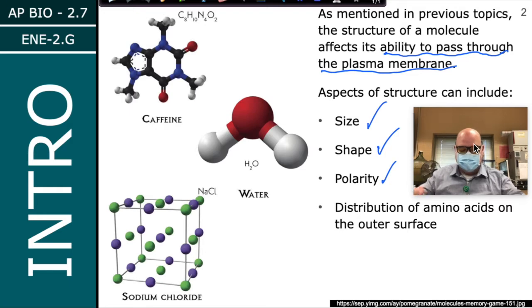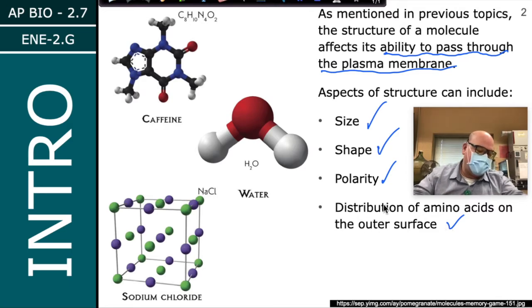polarity, because the phospholipid membrane is hydrophilic on the outside, hydrophobic on the inside. Things with polarity or ions don't want to go through it. And sometimes it can affect on where amino acids are on the surface of a protein.